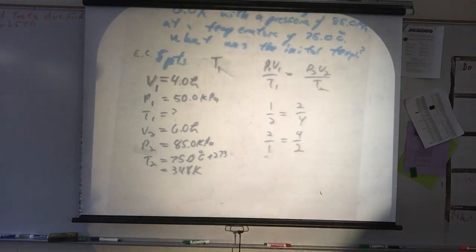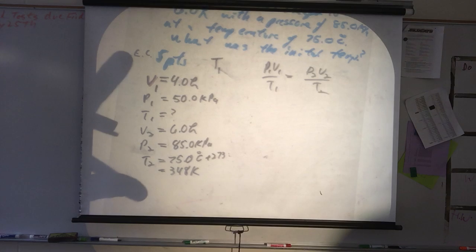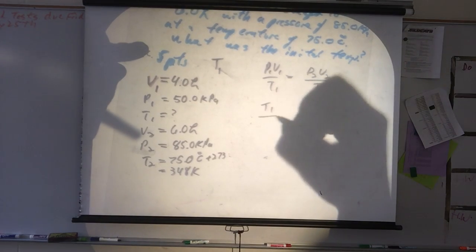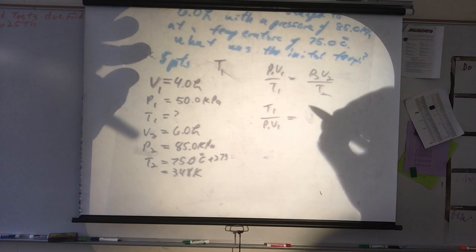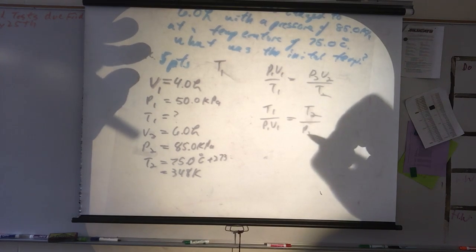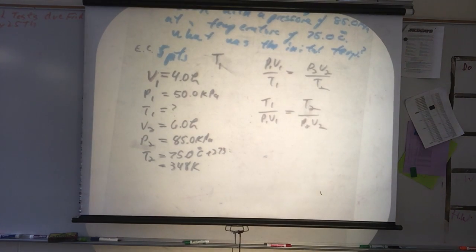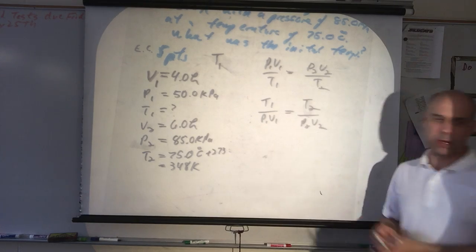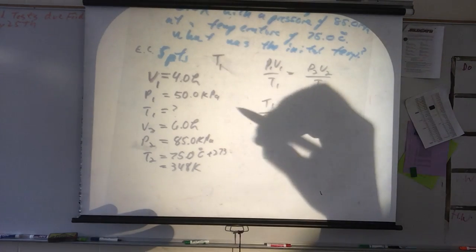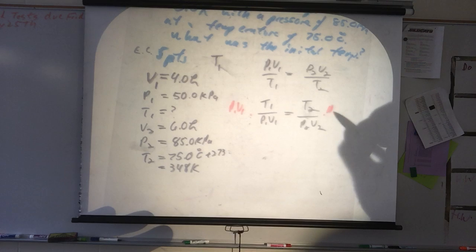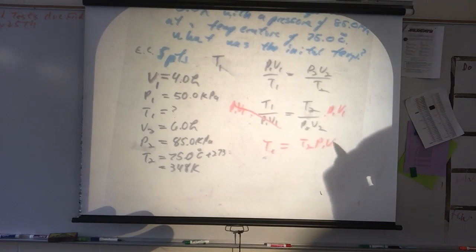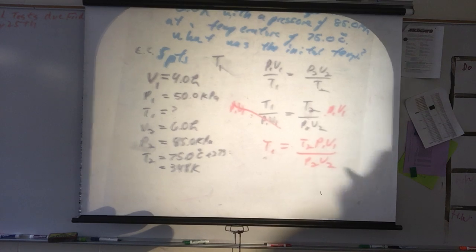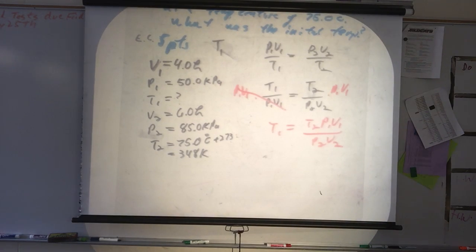So the fastest way to solve for T1 is to flip it. Then I just cross multiply, which is even faster, and then all I have to do is multiply both sides by P1 V1. That is another way you can solve for T1 and you'll get the same answer.